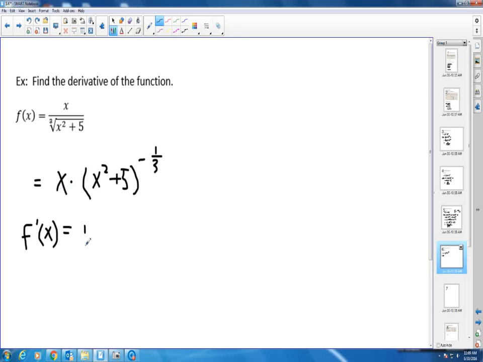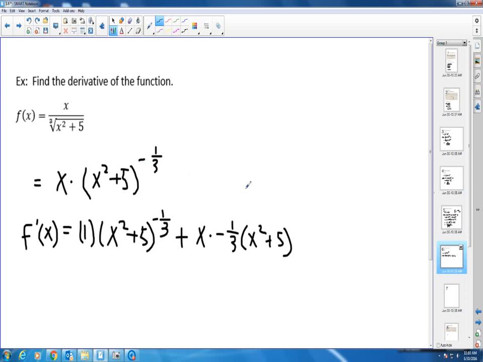So derivative of the first times the second, plus derivative of the second times the first. So this times the first, I'm going to put it at the beginning. Derivative of the outside of the inside.